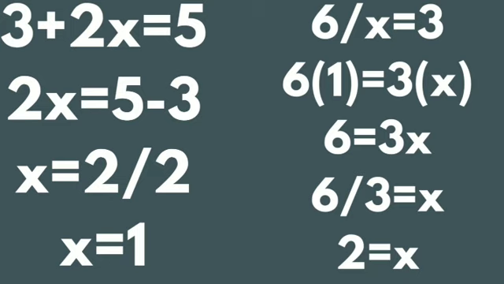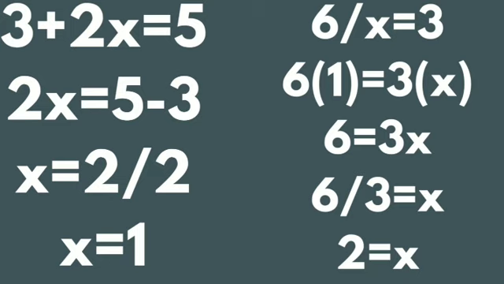So 6 will be multiplied by the denominator of 3, which is 1. And x, which is the denominator of the left side fraction, will be multiplied by the numerator of the right side fraction. x will be multiplied by 3. So 6 multiplied by 1 equals 6, and 3 multiplied by x equals 3x.